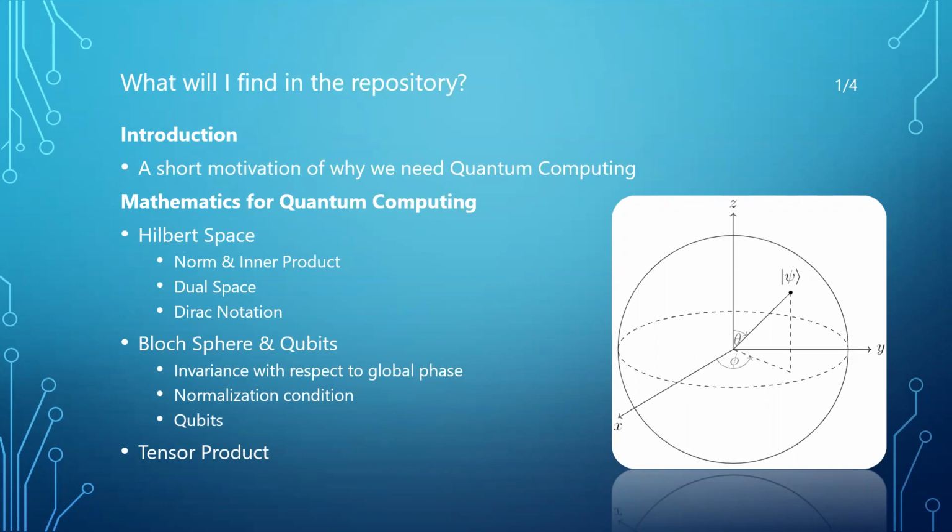Also, the Bloch sphere is presented and explained as a geometric structure that emerges from the physical restrictions that are imposed on the vector space just reviewed, in order for that vector space to represent the state space of a two-level system. So with this, a qubit is defined to be precisely a point on this sphere of radius 1.